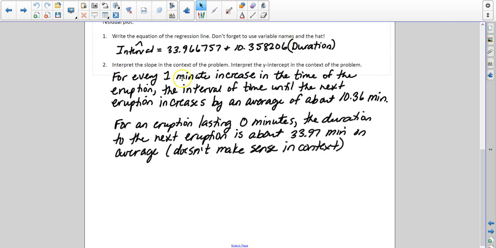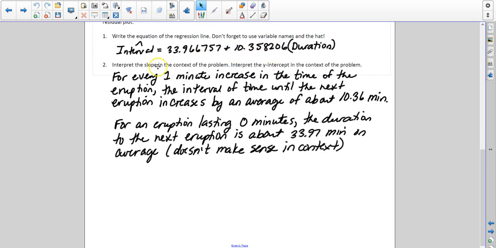For every 1 minute increase in the time of the eruption, so we're saying as x goes up by 1, what happens to y? The interval of time, that's y, until the next eruption increases by an average of about 10.36 minutes. Notice that as x increases, y increases, positive slope.